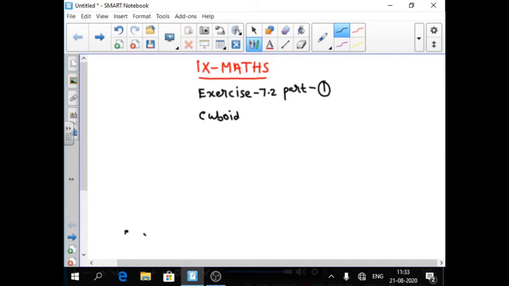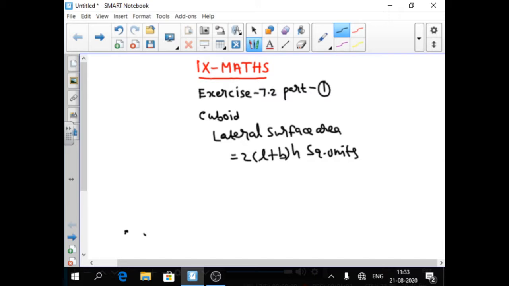First one is lateral surface area. Lateral surface area is equal to 2 times of (length plus breadth) into height squared units.